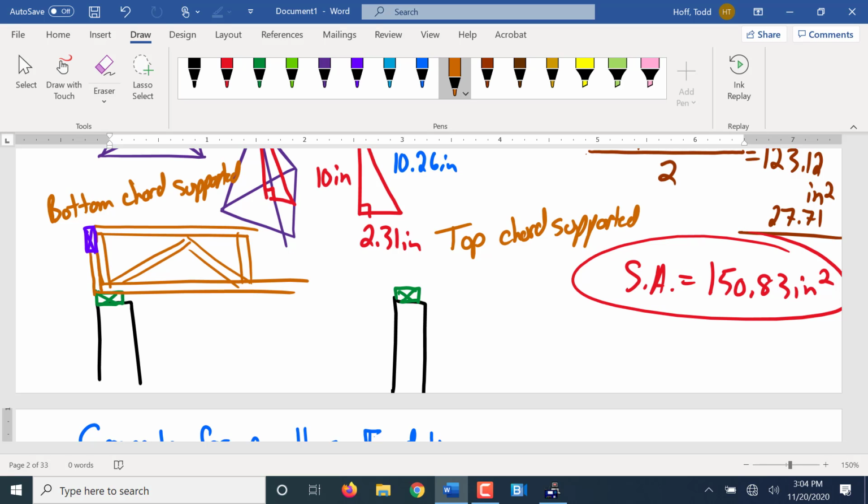Looks like this. There's a couple of blocks here. And it looks like that. So the advantage to the top cord supported is your floor is only going to be 8 or 9 inches above the top of your concrete wall.